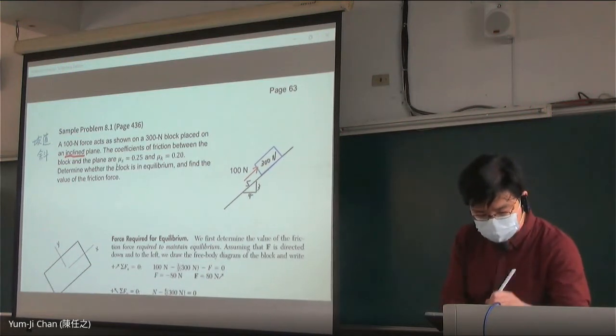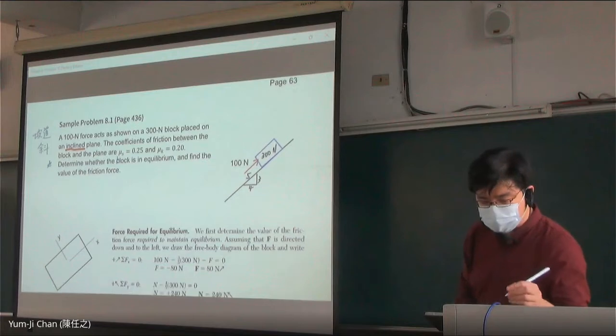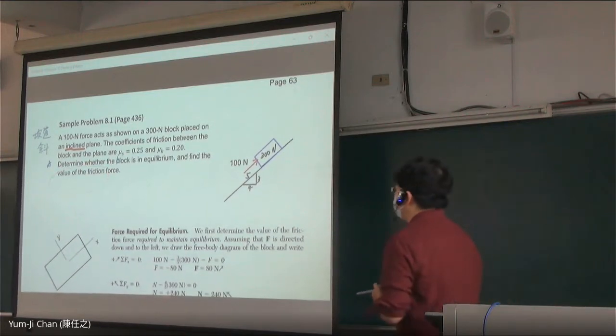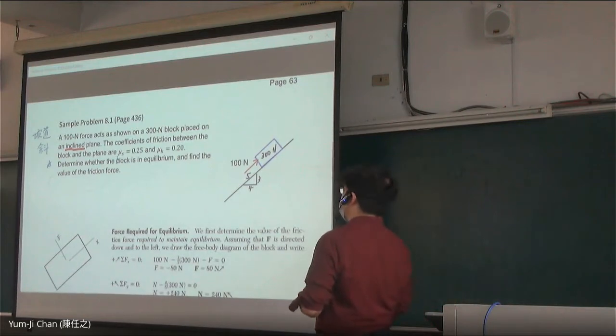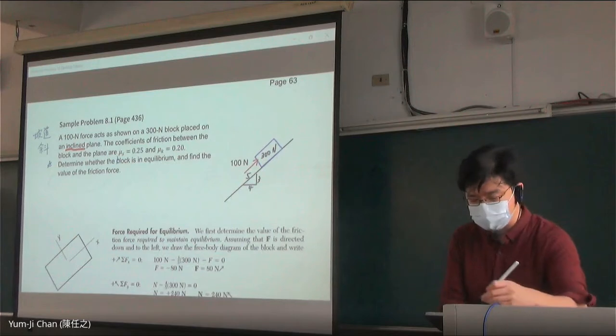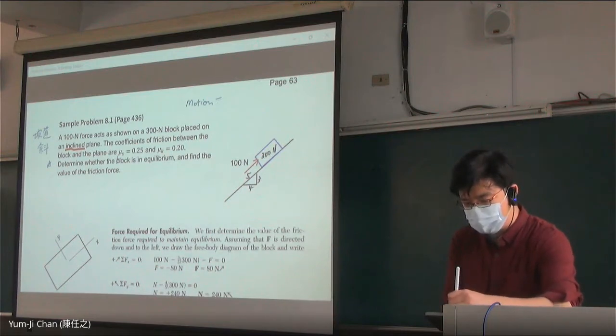The block here is in equilibrium, and determine the value of the friction force. Now, determine whether the block is in equilibrium. So if there is motion, it means it is not in equilibrium. Motion means not in equilibrium.